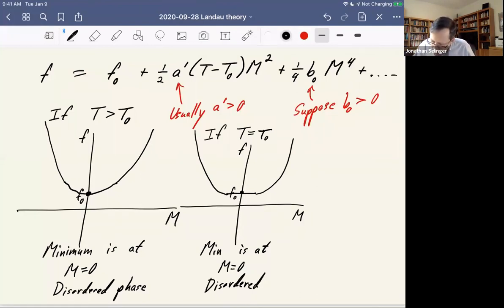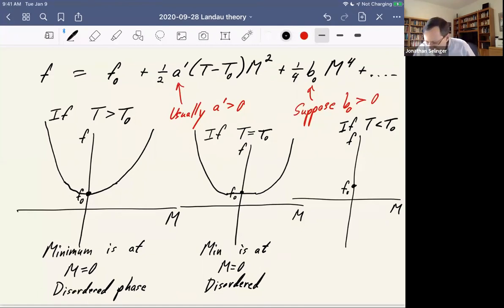But now, suppose T is less than T0. In that case, we get a plot like this. Again, it starts at F0, but now the quadratic term is negative. So the function tends to look like this.